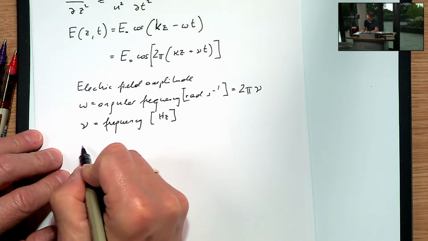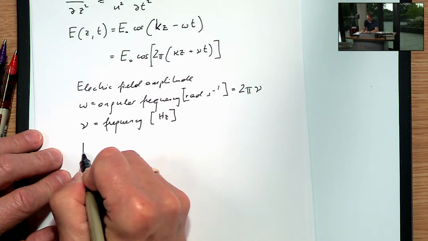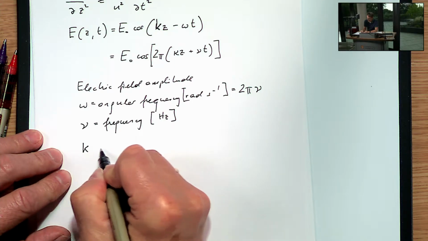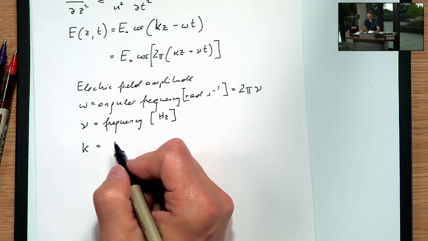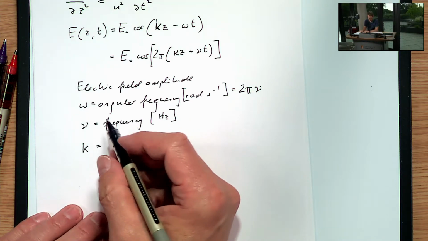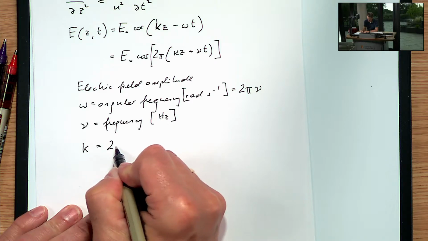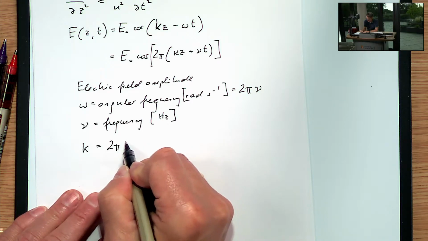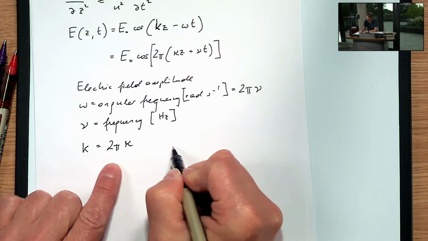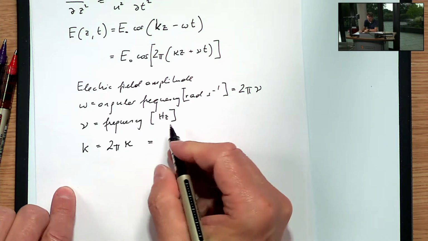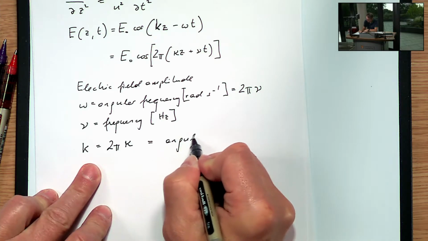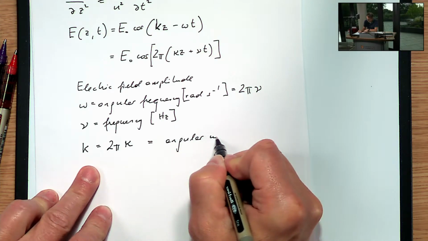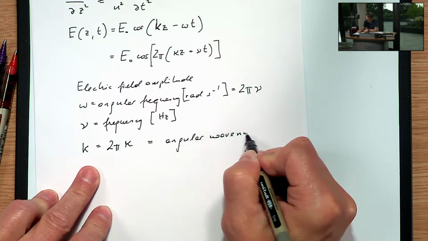And then we have k, which is equal to 2 pi times kappa, and that is called the angular wave number.